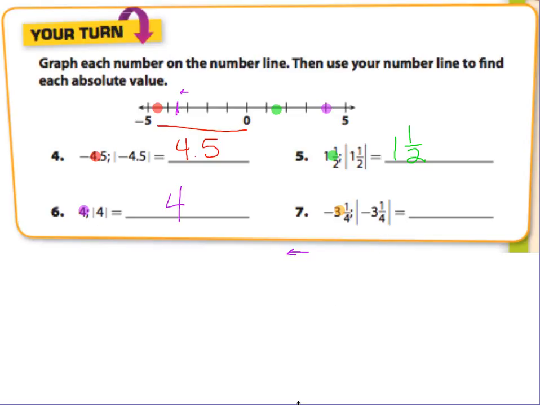Well, 1/4 isn't halfway, so I'm going to break this into 4 even pieces. Okay, so I have 1, 2, 3, 4 even pieces now. So right here is my 1/4. It's about halfway between half and the 3. And again, -3 1/4 is going to be 3 1/4 as an absolute value, because it's 3 1/4 spaces away from 0. We don't care what direction, we just care how far.